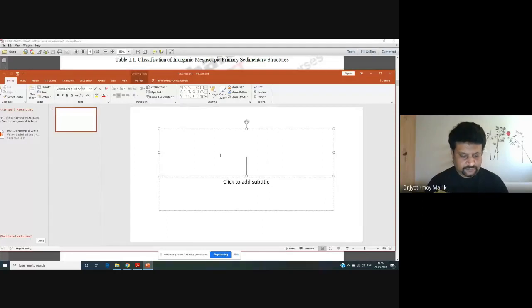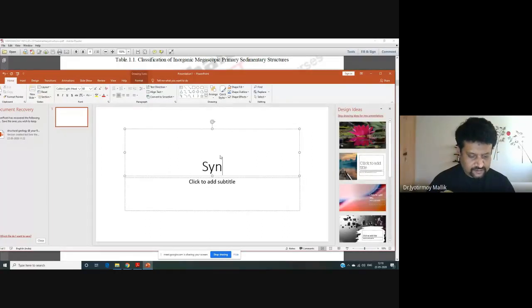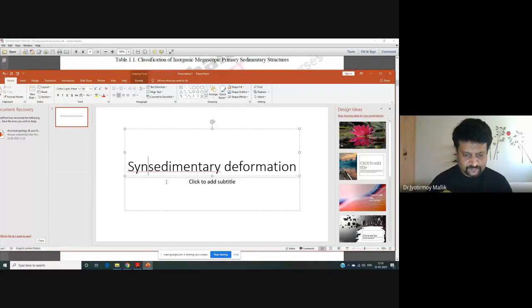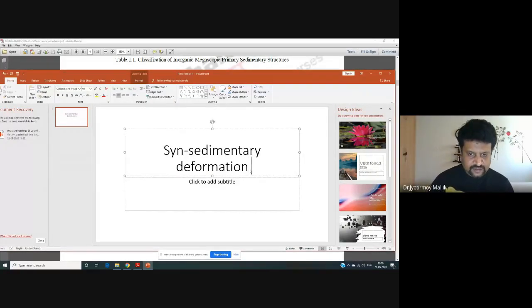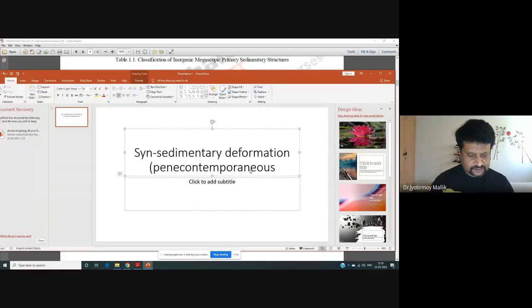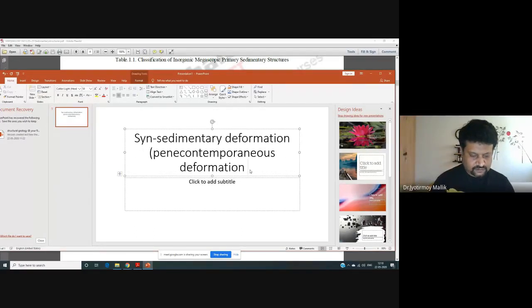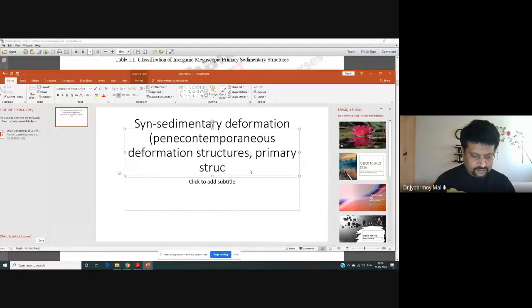So one is syn sedimentary deformation, and they are penecontemporaneous deformation structures, and that is included in the primary structures that we are going to discuss now.